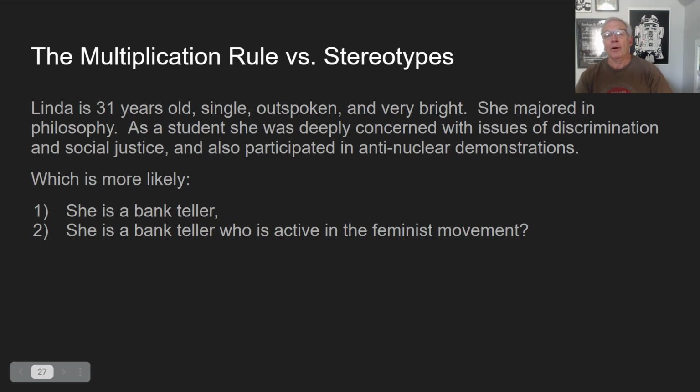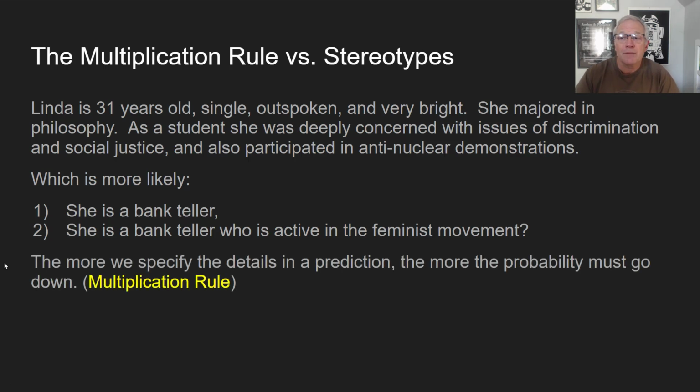And this makes Kahneman's point really nicely. Because what happens is that lots and lots of people think that 2 is more likely than 1. The more we specify, and the problem is that that's a mistake statistically. The more we specify the details in a prediction, the more the probability must go down. And that's that probability rule that we've started to see play out in some of our probability calculations.